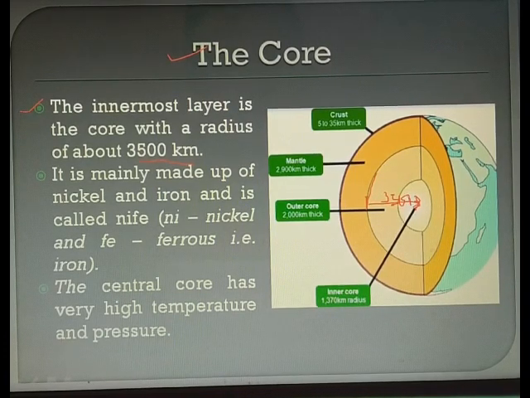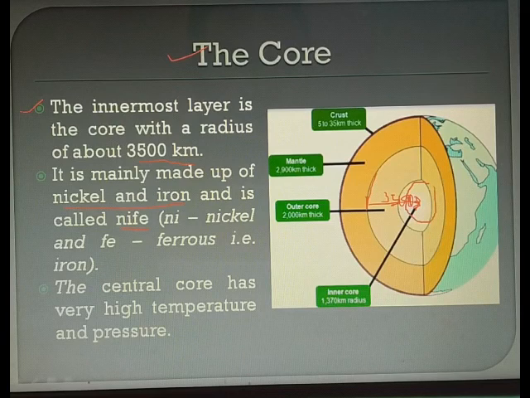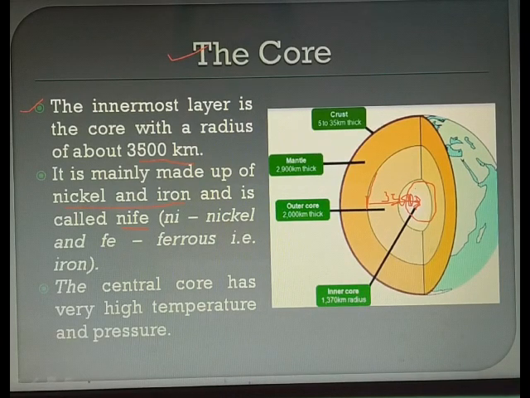It is mainly made up of nickel and iron, and it's called the NiFe. Ni for nickel, Fe for ferrous, that is iron. The central core has a very high temperature and pressure. So here we finish these three internal layers of the earth.